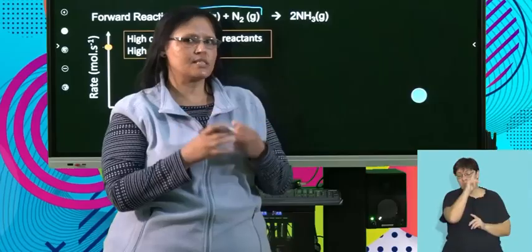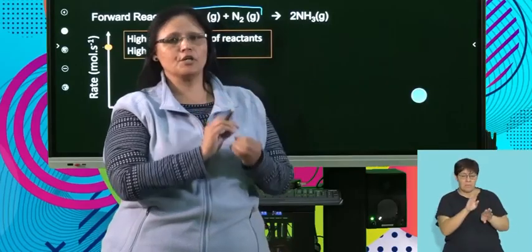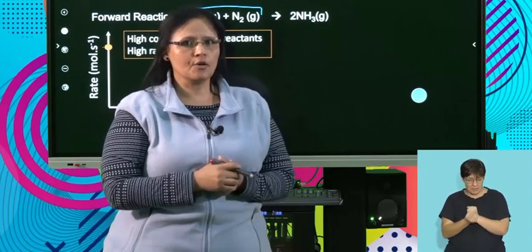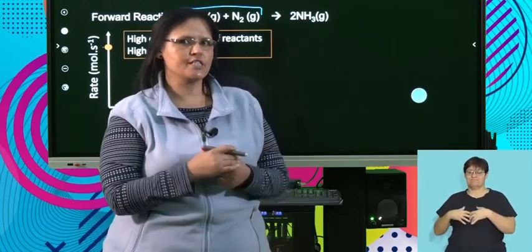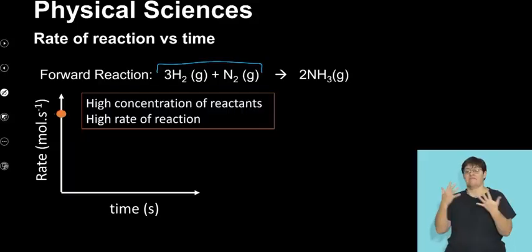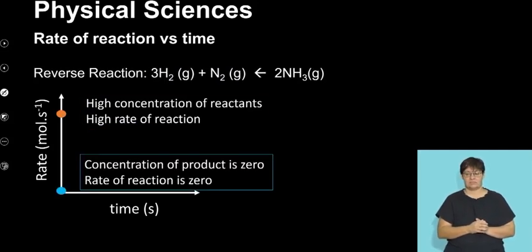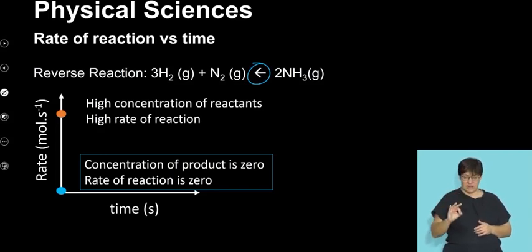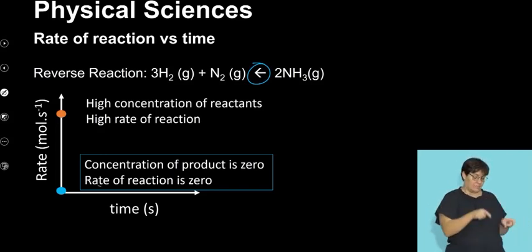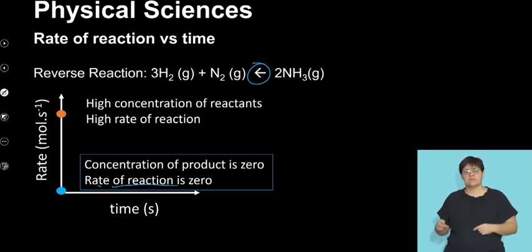And remember what we said, the more collisions there are per unit time, the higher the likelihood of effective collisions, and that leads to a high rate of reaction. When we look at the reverse reaction, where the ammonia now converts back into nitrogen and hydrogen, remember at the beginning there is no reverse reaction, therefore we make our plot on the zero.